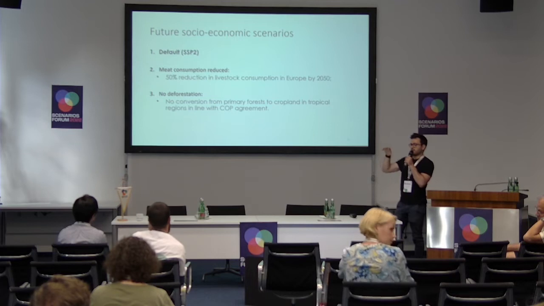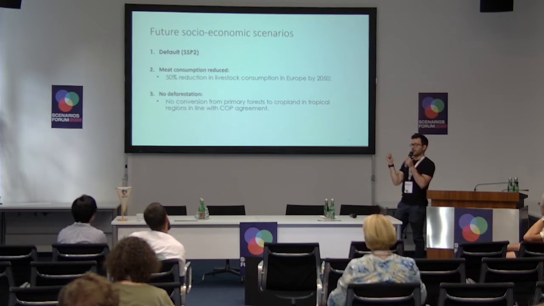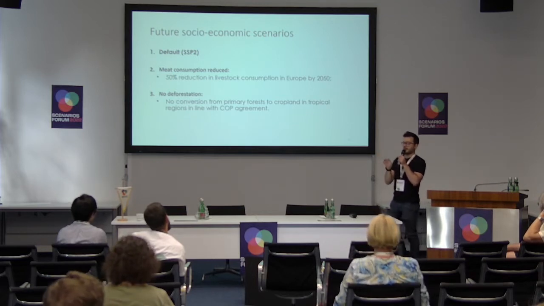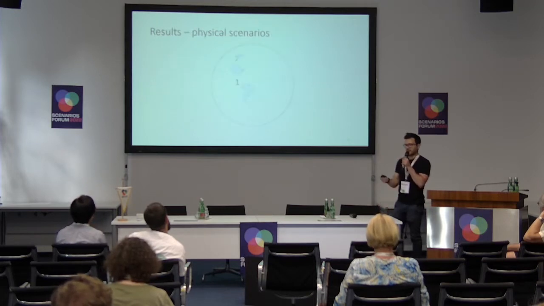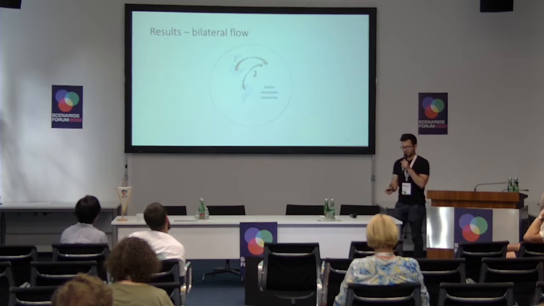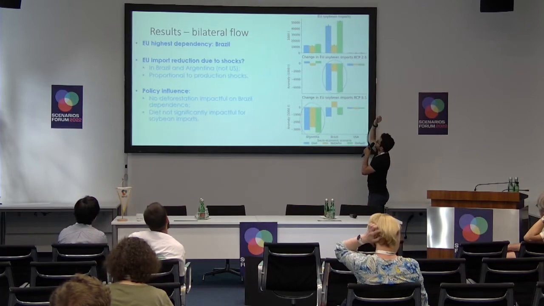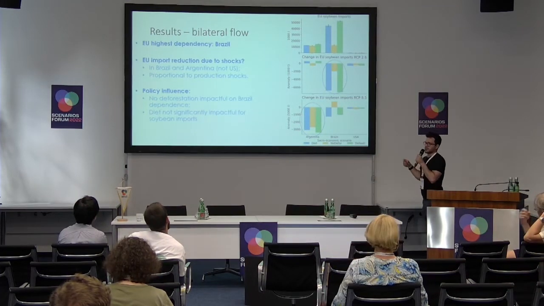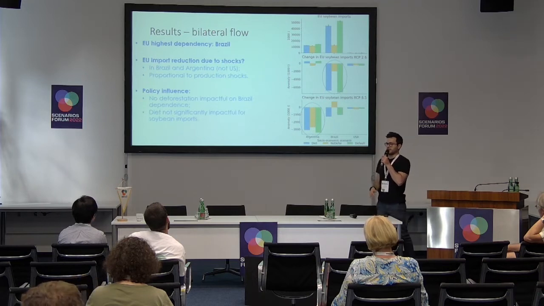And with this scenario, nothing in those tiles can be used as soybean exports to the EU, which is interesting because it's also a very important region for soybean production. So in the end, when we cut all that region from the soybean imports to the EU, that's why we have in the top figure such a small value of imports, because basically 60% of the soybean production of Brazil is not going to the EU anymore.